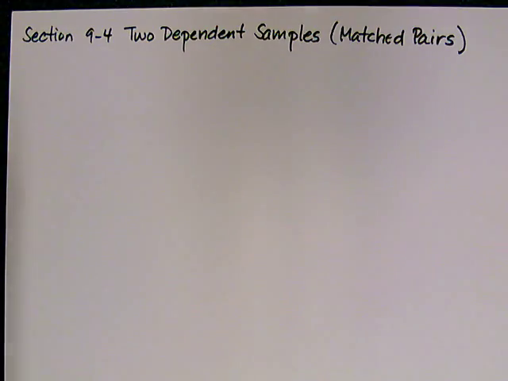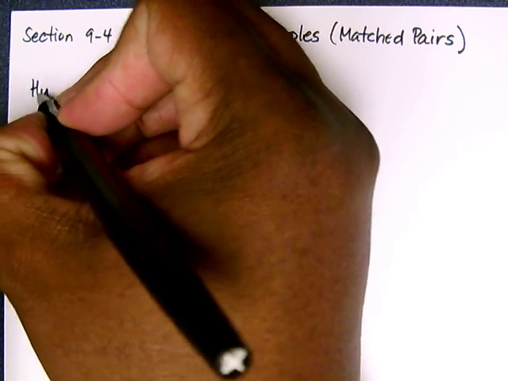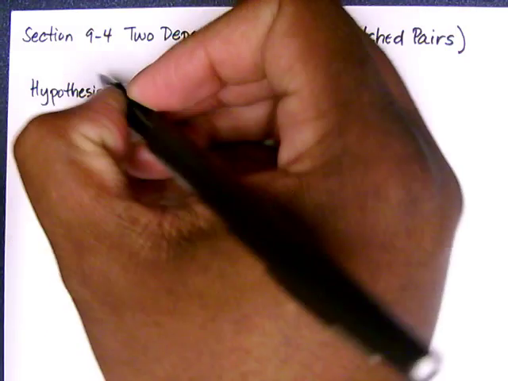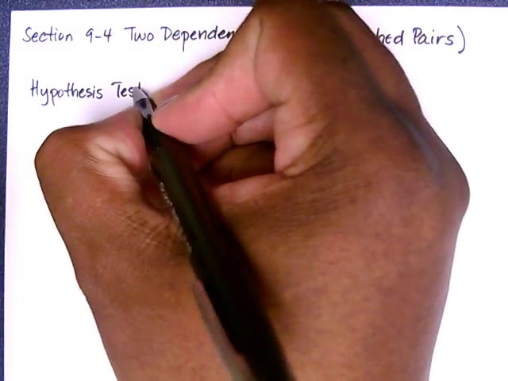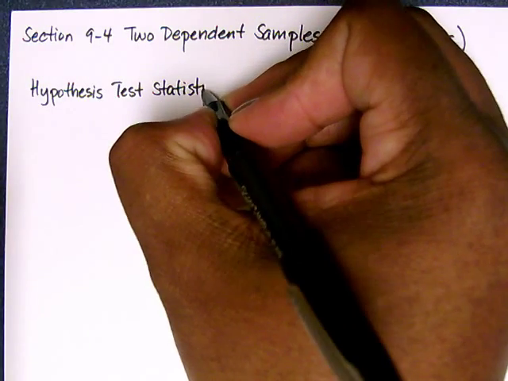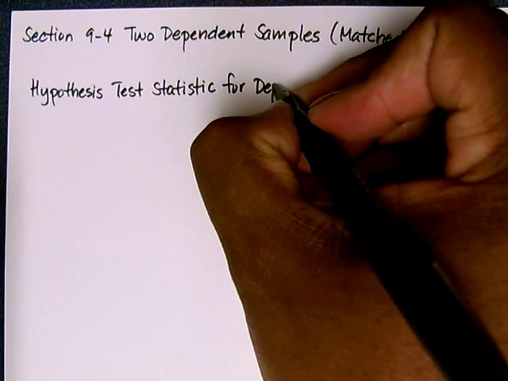Okay, now what I'm going to do is give you the hypothesis test statistic for dependent samples that you'll use. So this is the hypothesis test statistic for dependent samples.